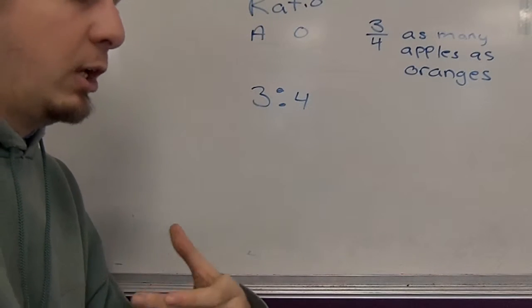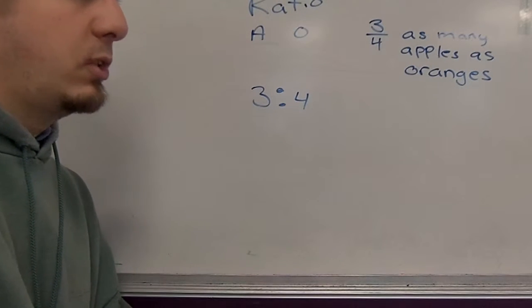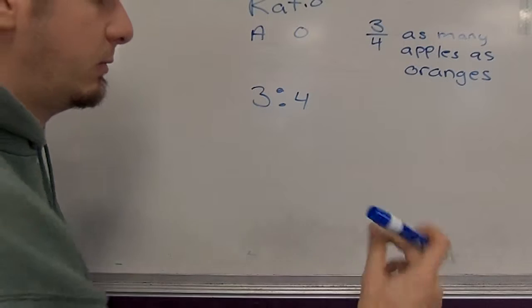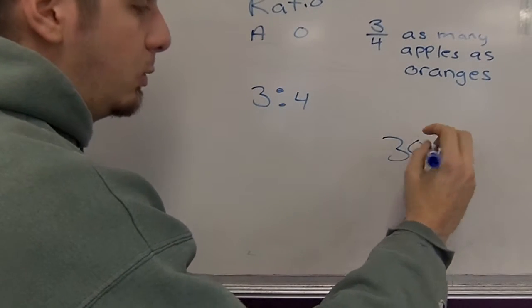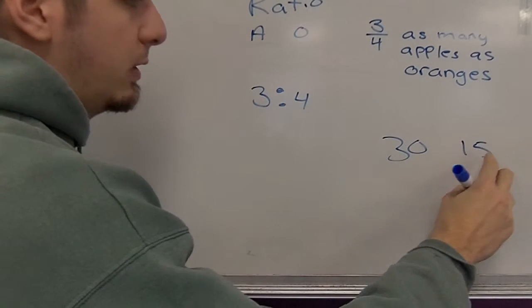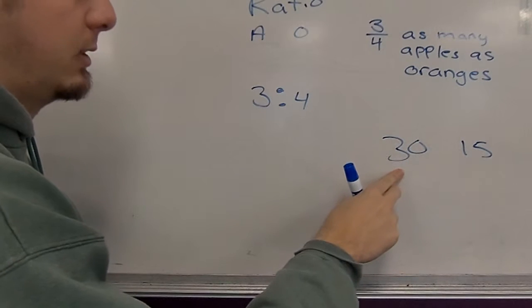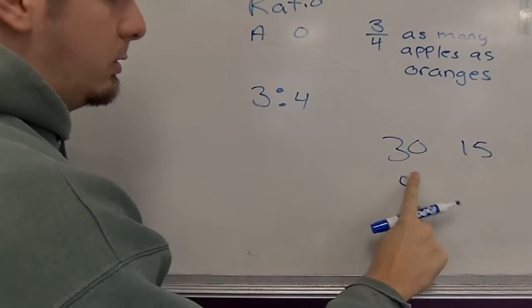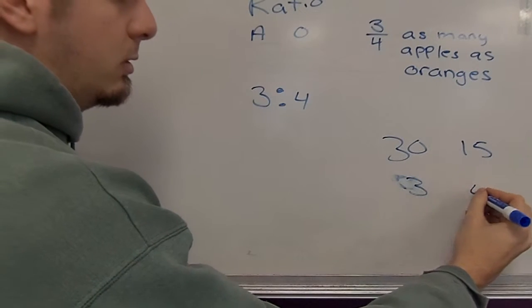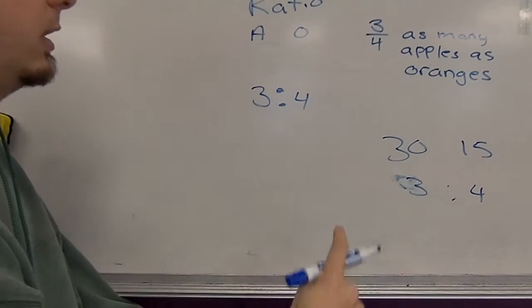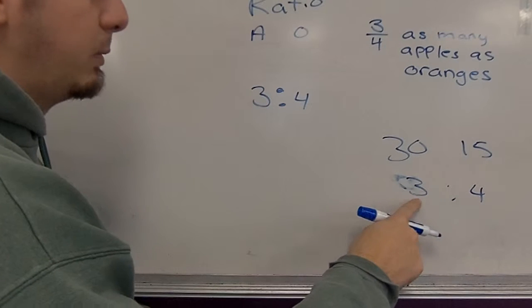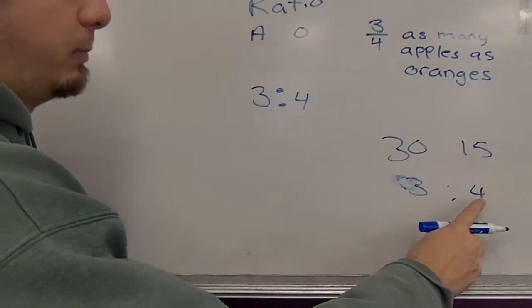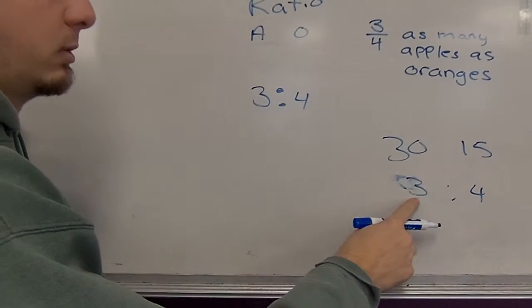So just like when I have twice as many apples as oranges, for example, if I multiply the oranges by 2, I get the apples. If I have 3/4 the number of apples as oranges, then when I multiply 4 by 3/4, I get 3.